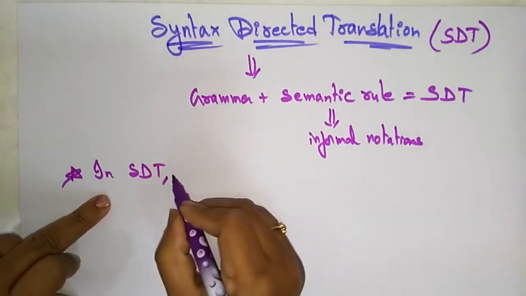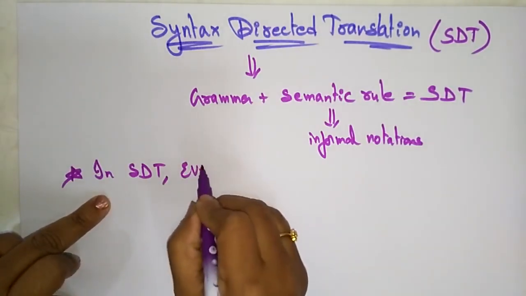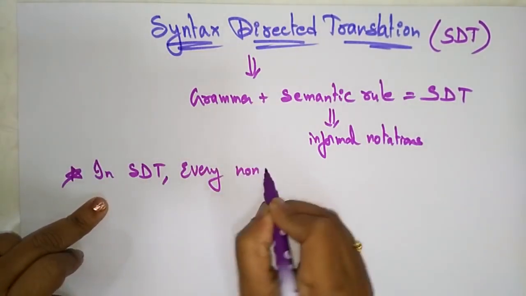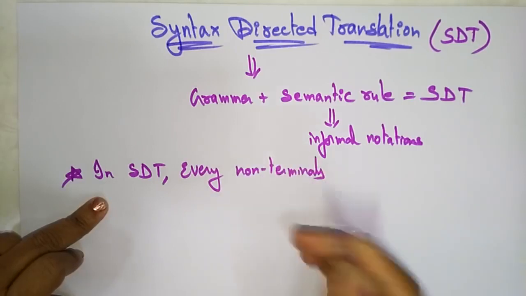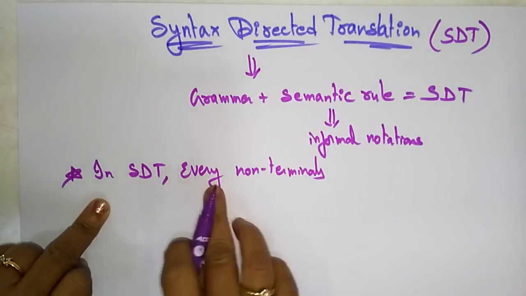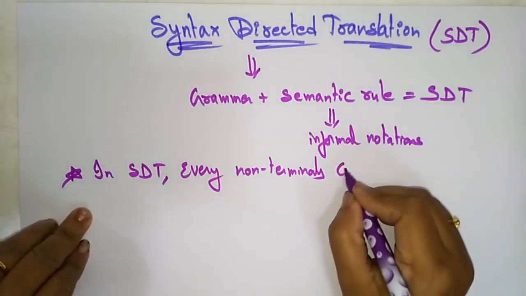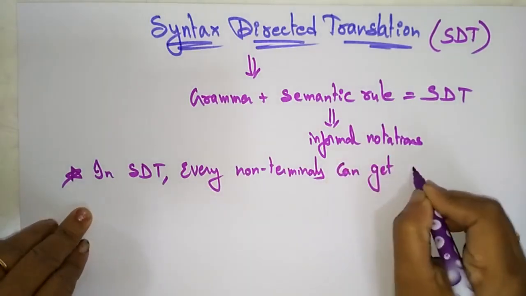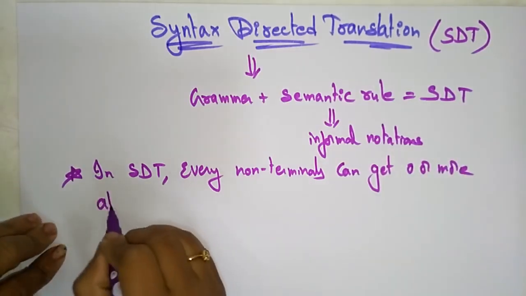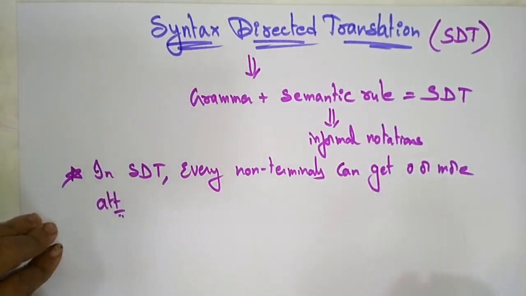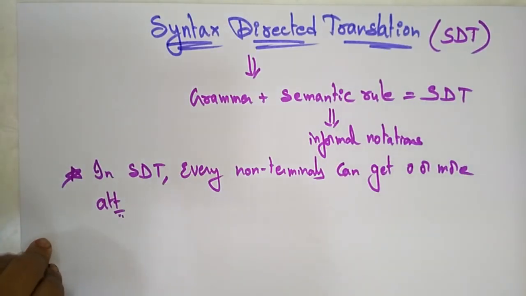In syntax directed translation, every non-terminal, meaning the capital letter alphabets that you see in the productions, can get 0 or more attributes depending on the type of attribute.